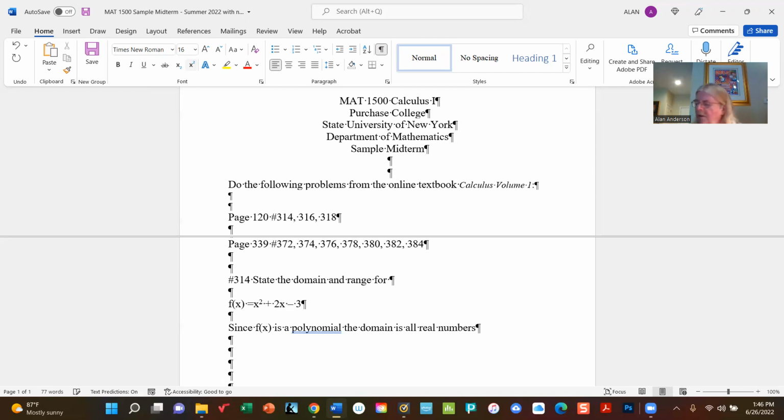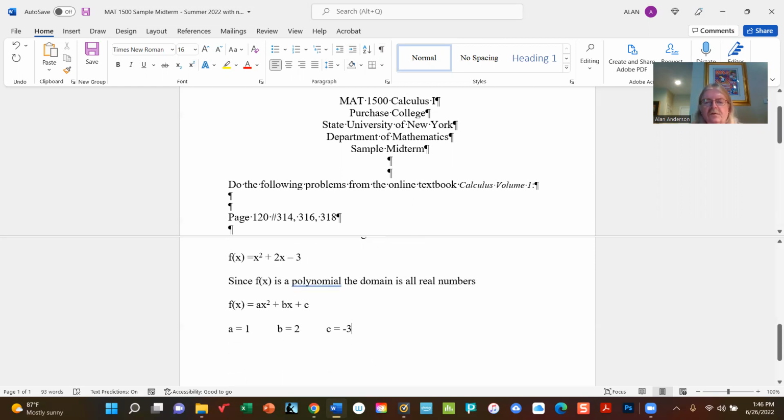Now, the range, if you recall, there is a formula for that. So first thing, let's remind ourselves that with the quadratic equation, we have ax squared plus bx plus c. And in this particular case, a is 1, b is 2, and c is negative 3.